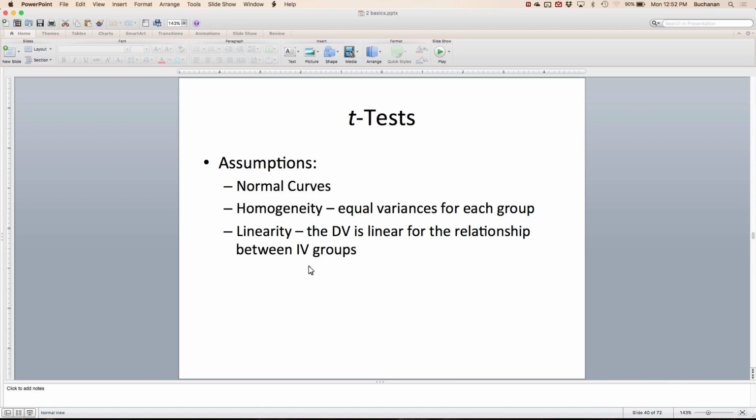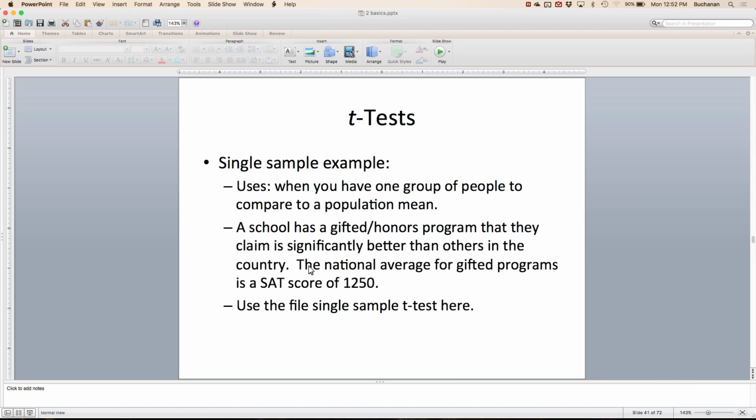When we're talking about groups, it's like I have one and I have two. Okay, so that's for all of the t-tests. We can keep making our little table here. So it has to be normal, linear, and then homogeneous.